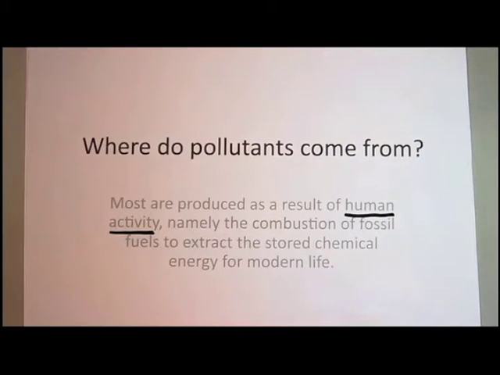But the pollutants have varying concentrations depending on where you are, and they mostly come from human activity. Largely, the pollutants we're going to look at come from the combustion of fossil fuels. And so we combust fossil fuels in order to extract the stored chemical energy for modern life. So we're going to take a closer look at that today.